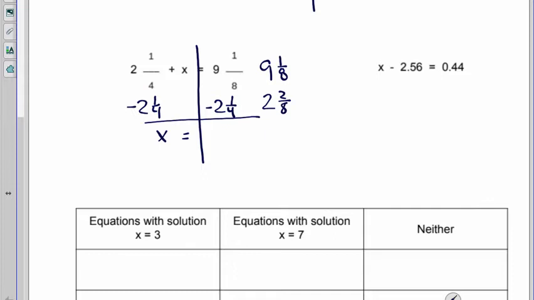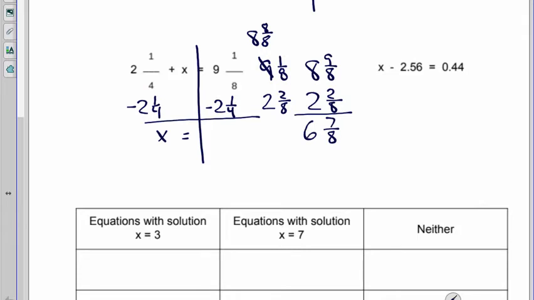And now I can't take 2/8 from 1/8, so I'm going to borrow from the 9. That's 8 8/8. So 8 8/8 plus 1/8 is 8 9/8. Take away 2 2/8. If I subtract, I get 7/8, and 8 minus 2 is 6.